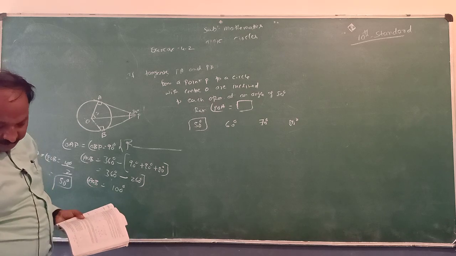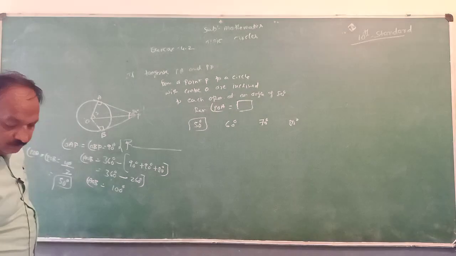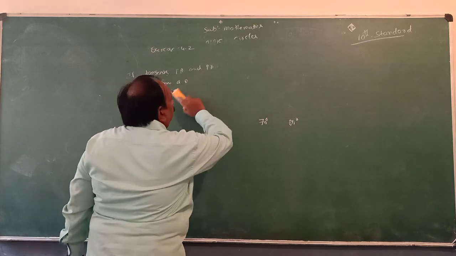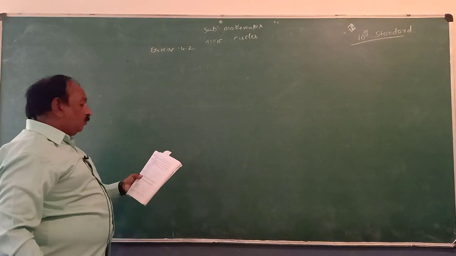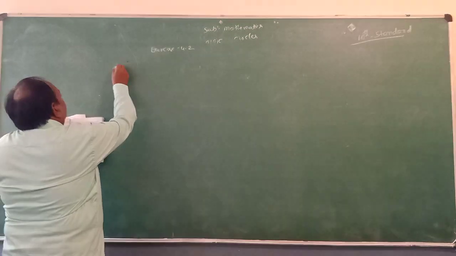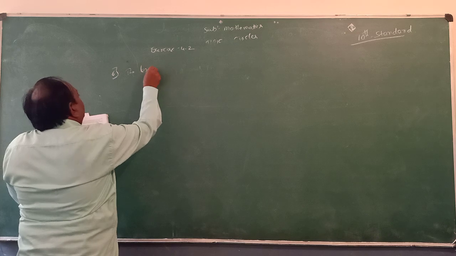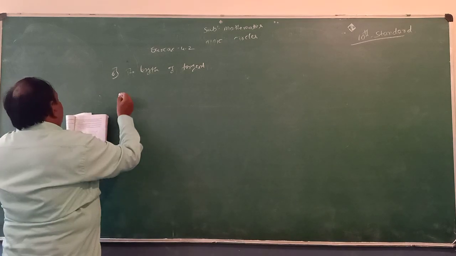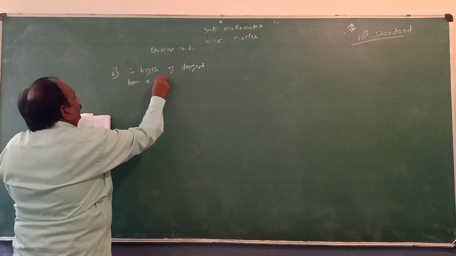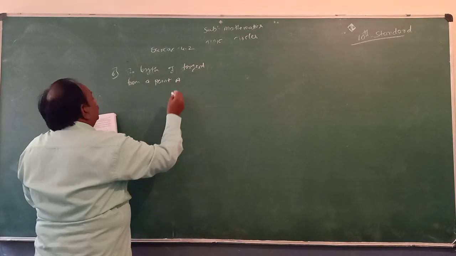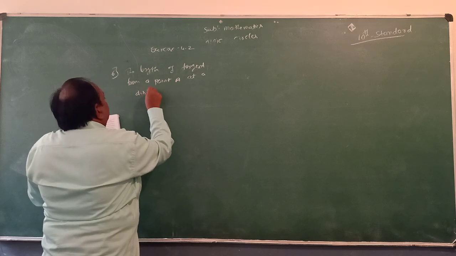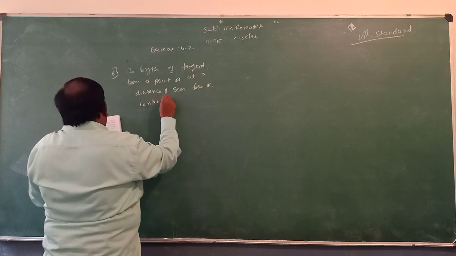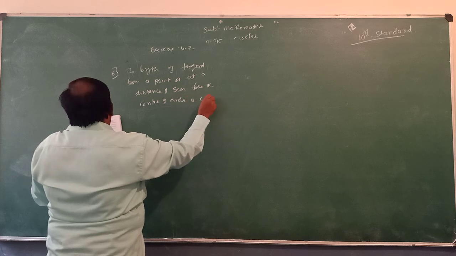Next I will pass on to one more problem. In exercise 4.2, problem number 6: the length of the tangent from a point A at a distance of 5 centimeter from the center of the circle is 4 centimeter.